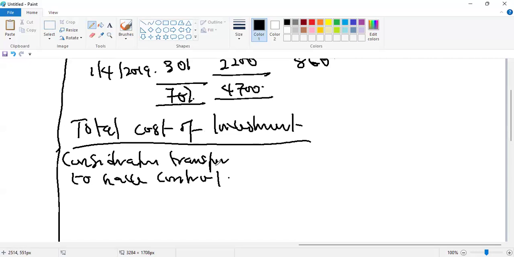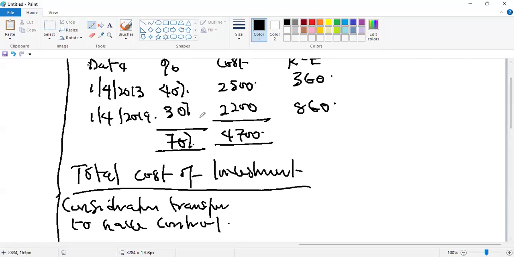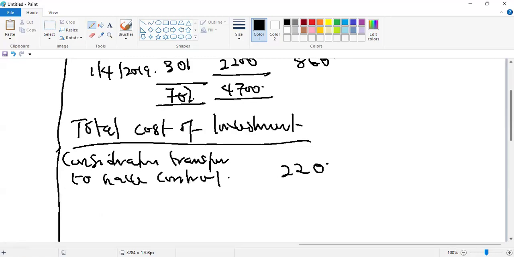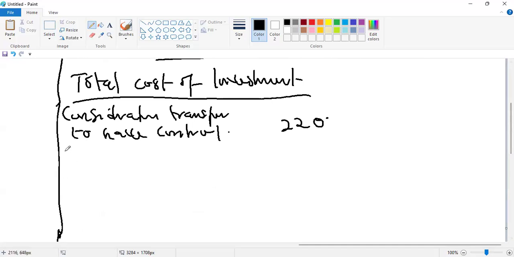How much is the consideration transferred to have control? When does he have control? When he acquired the 30%, it's 2,200. I will now ask, what is the fair value of the previous 40% holding?